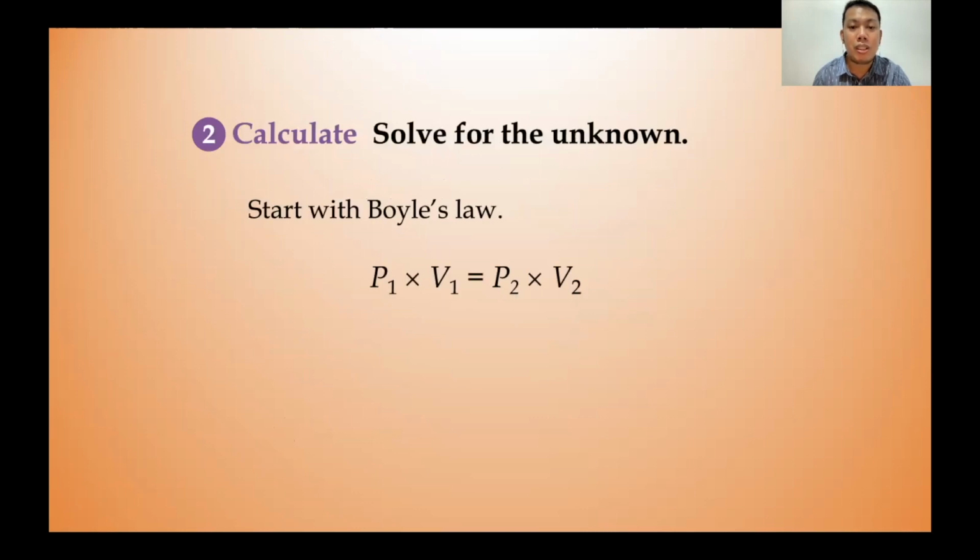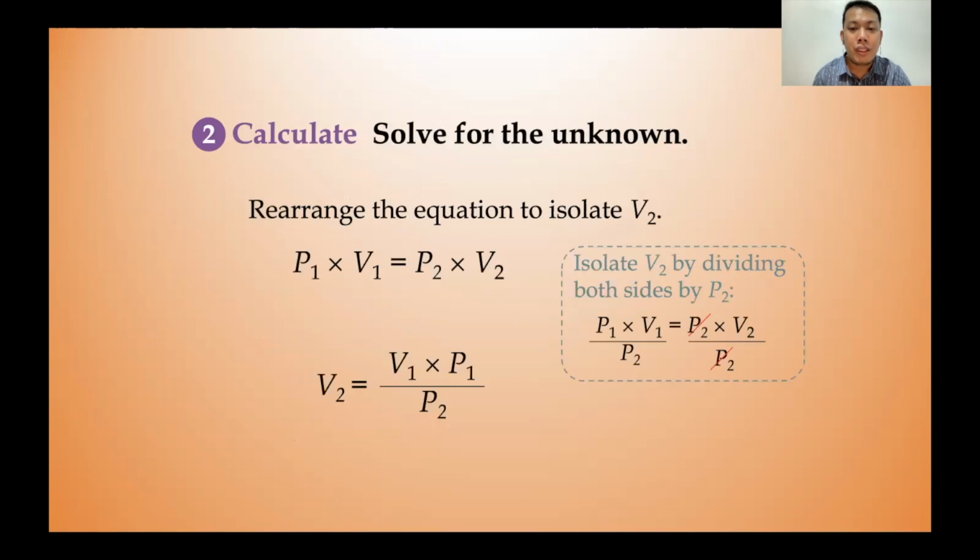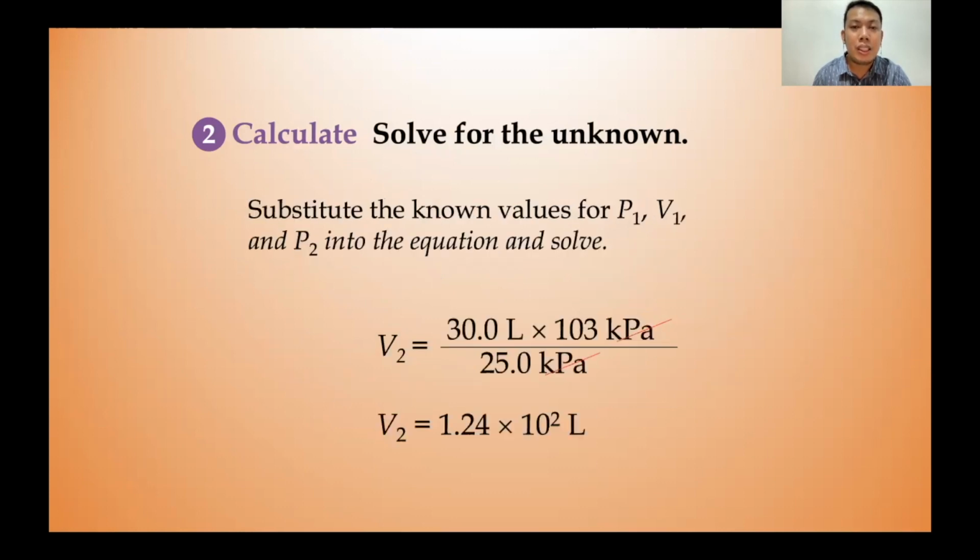So start with Boyle's law formula. Then after that, you have to isolate the V2 by dividing both sides by P2 so that you can cancel out P2, and the one that will remain is V2. So V2 is equal to V1 times P1 over P2. And then you have to substitute the values for P1, V1, and P2 using the given equation.